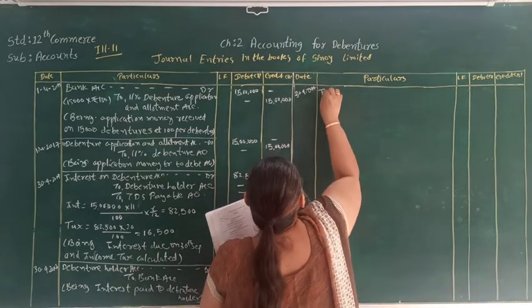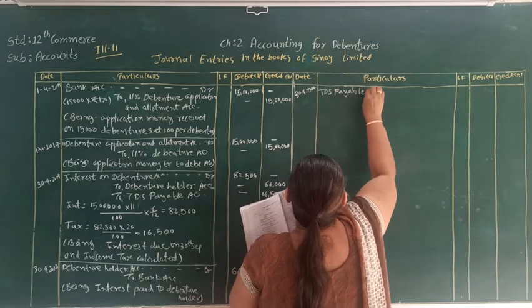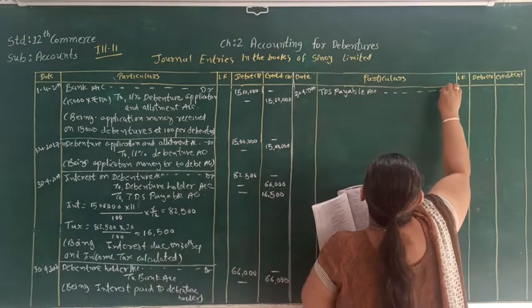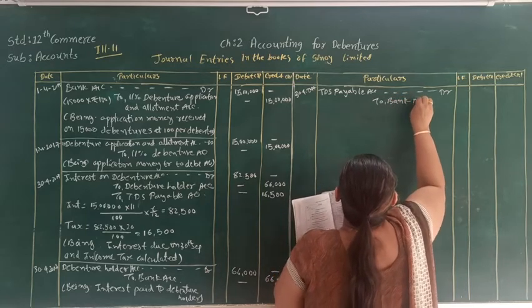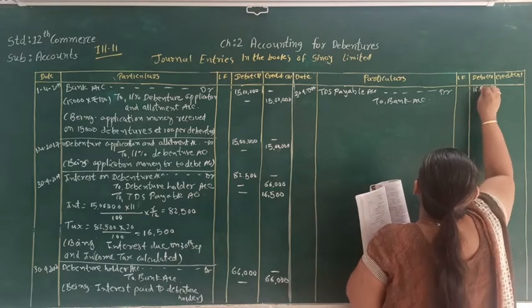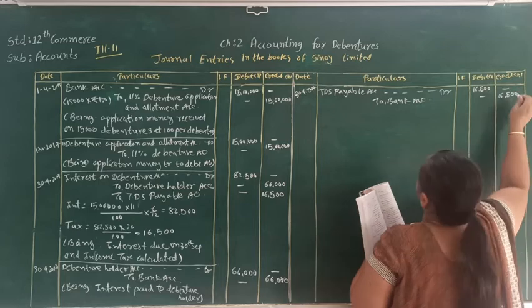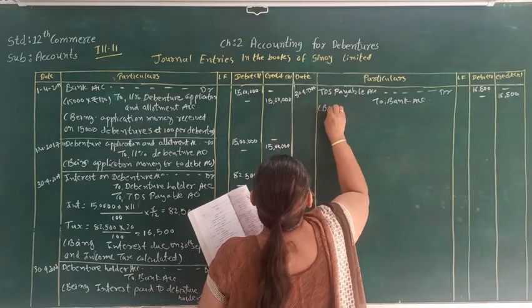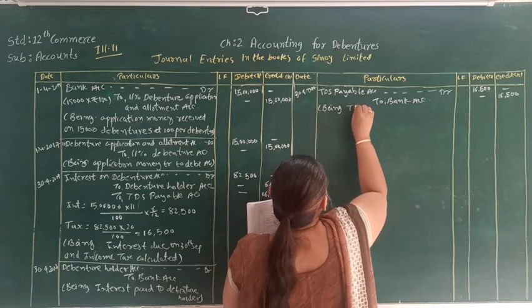TDS payable account to bank account, and the amount will be 16,500. Being TDS deposited in income tax for that.